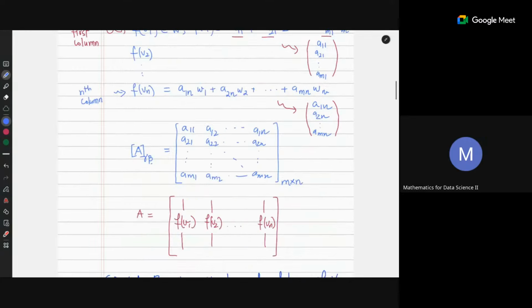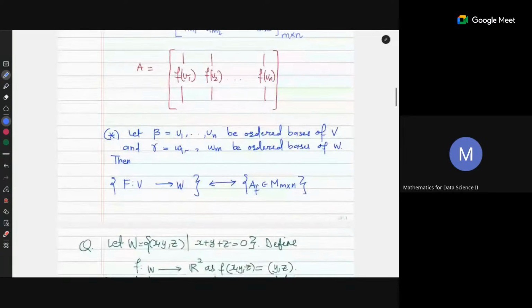This associated matrix will be important to study the linear transformation. So this completely includes the information of the linear transformation.